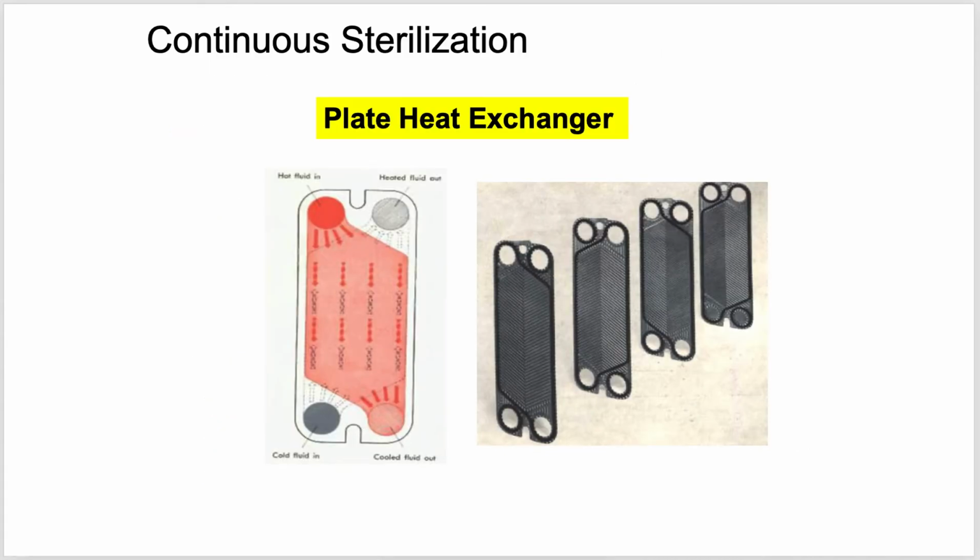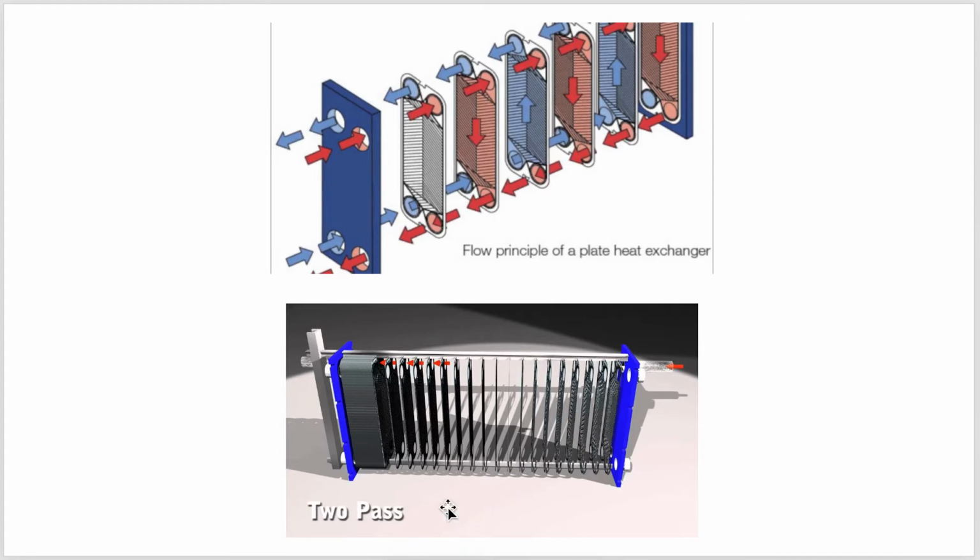This cartoon photo shows a design of the inside of a plate heat exchanger. Many plates are used here, and again, like the continuous heat sterilizer, the flow direction of the media and the steam will be counter current, in the opposite direction.